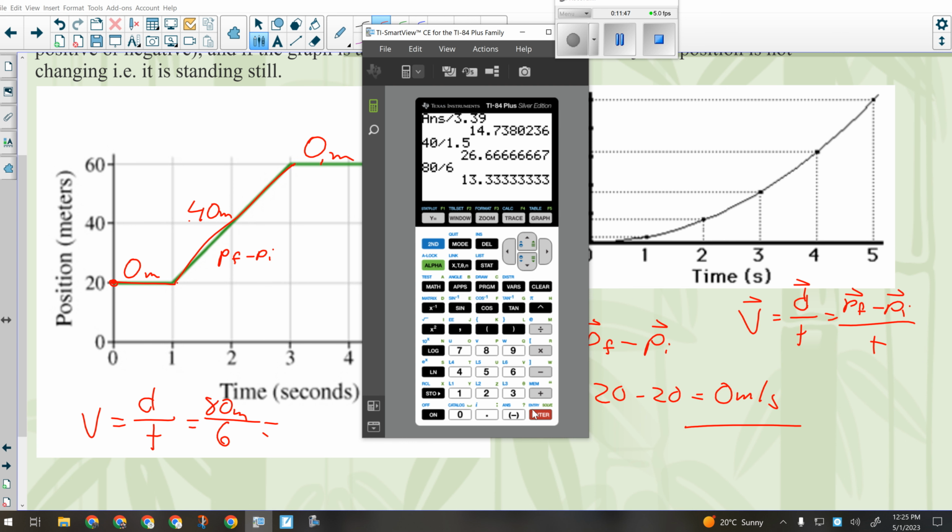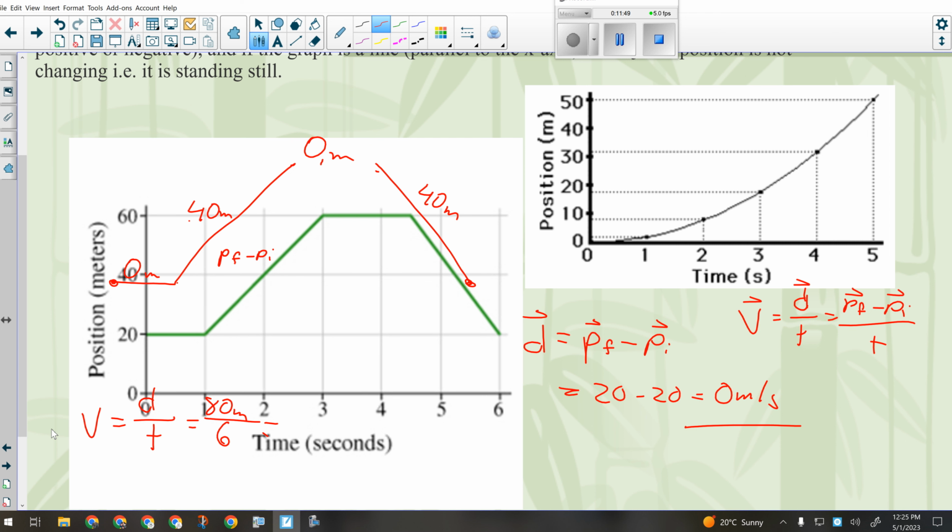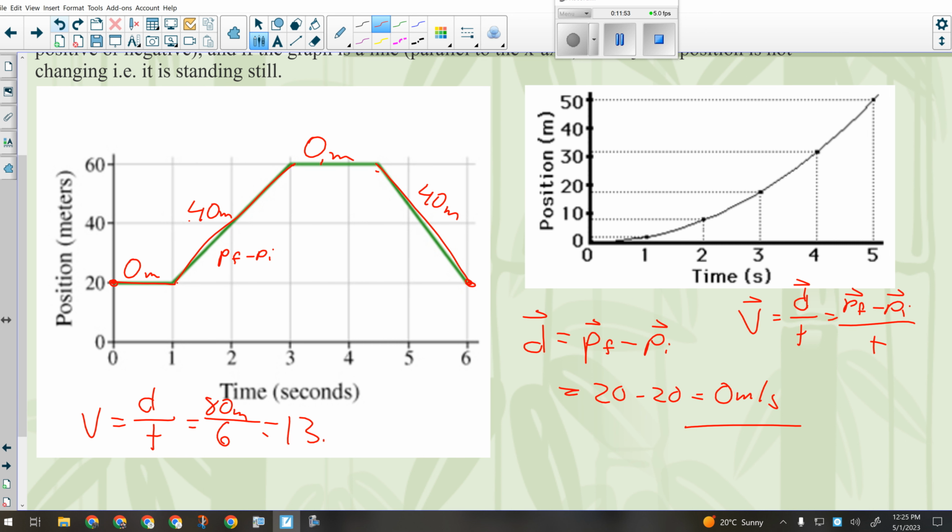So we're looking at 13.3 meters per second. Those are the things we can calculate off of that graph. All right? Everyone okay with that? So we can calculate displacement, distance, average velocity, and average speed off of this graph.